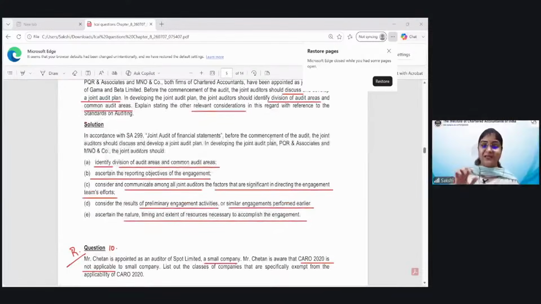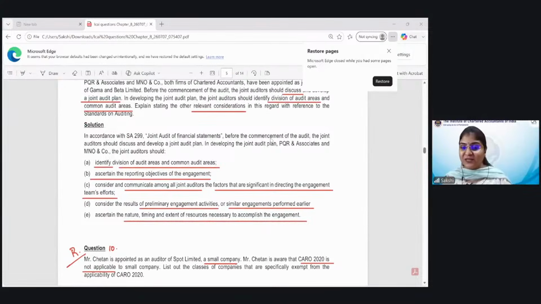Okay. Then ascertain the nature, time and extent of resources necessary to accomplish the engagement. For example, A, B, C are three auditors, and today is the 7th, and they decide that they have to complete the audit by 2nd of September. Big entity, that is why 2-3 auditors are appointed.